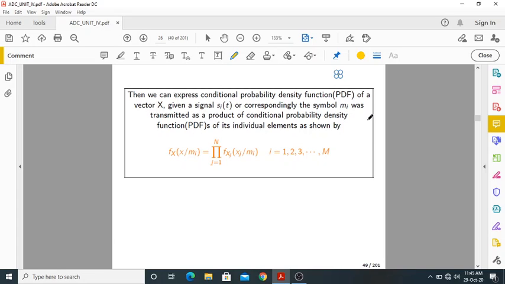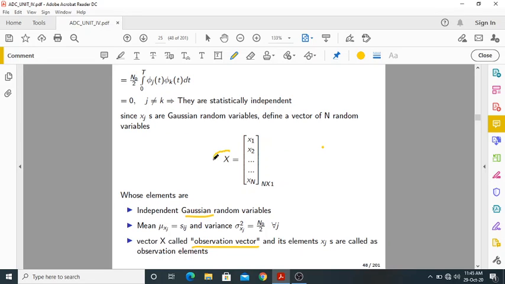Now, here we have to write the conditional PDF of the vector X. But how to write this conditional PDF of this vector?